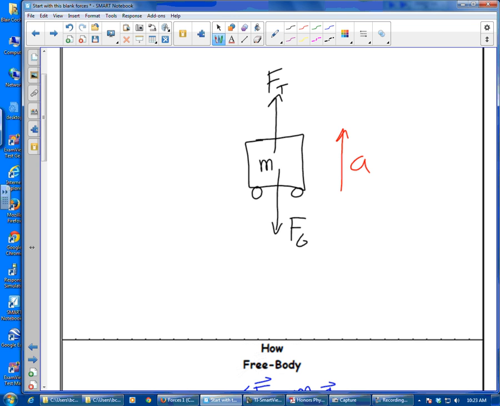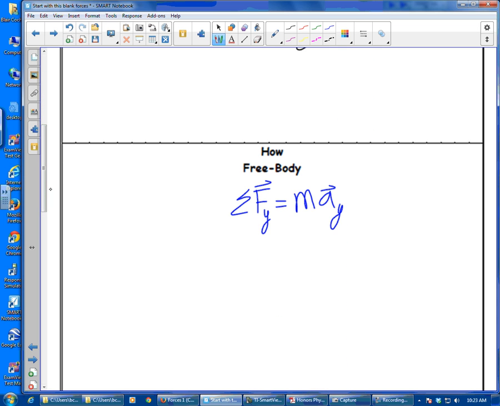Which way do you guys want to call positive? Up, okay. So we have the force of tension up, so I make that positive, minus the weight down equals the inertia times that positive acceleration. A is up.